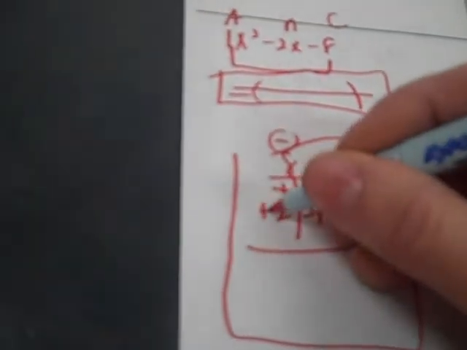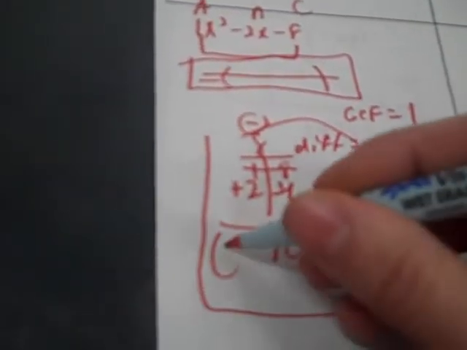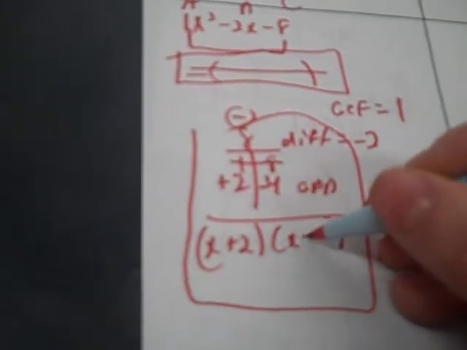It gives me negative 8, so it's a difference of 2. And remember, 2 is negative. Can't be 1 and 8. 2 and 4, you bet. So 2 is negative, 4 is negative. And having a negative product with a difference means the signs are opposite. So plus 2. Now, a is 1x to the second, and that makes it easy to factor. It's just simply x plus 2, x minus 4.